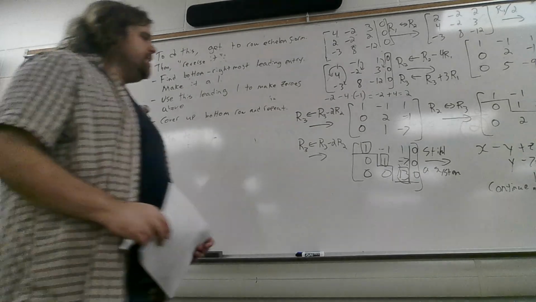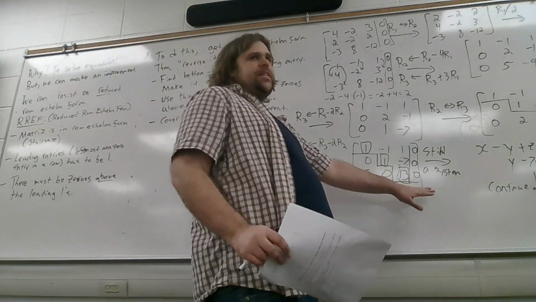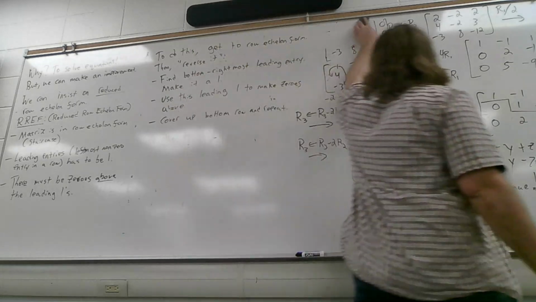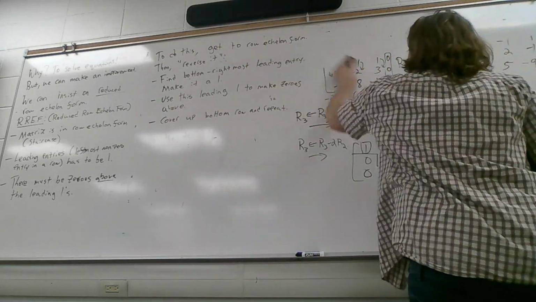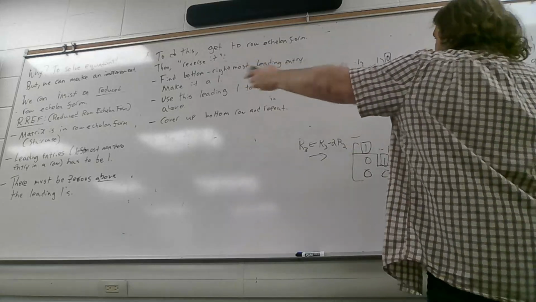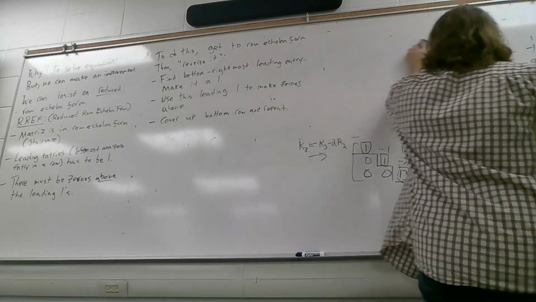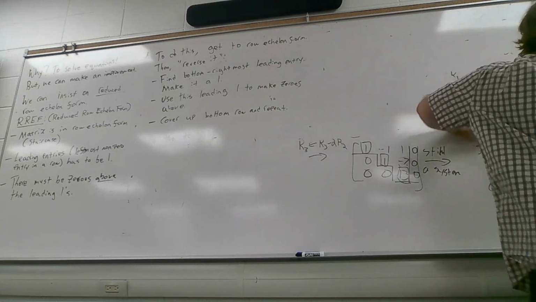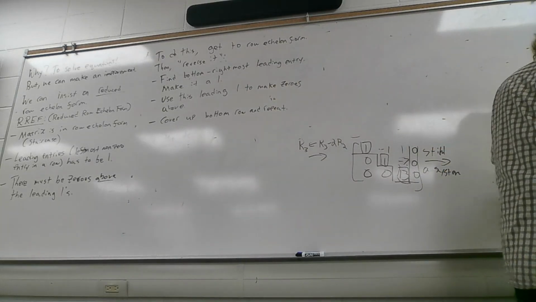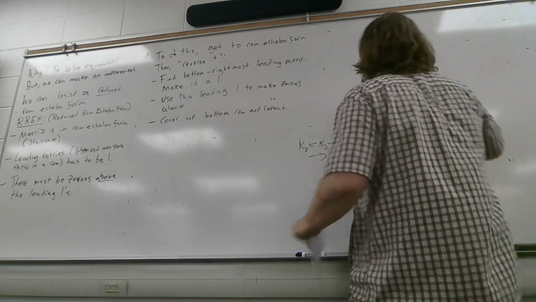So in this case, well, actually, let's work with this one. So I'm going to erase this, and we're going to write down that final matrix, because step 1 is get it to this form and then continue. So right now we're at this.